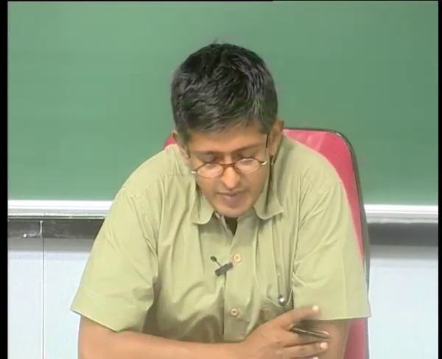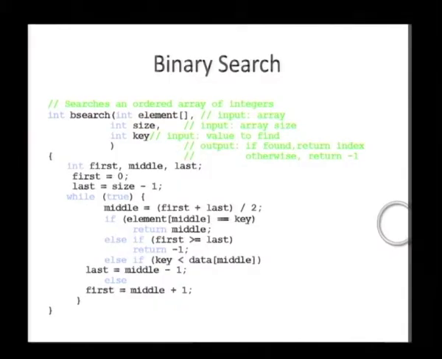Here is the pseudocode for this function, which is binary search. It is actually cut and paste from a C program. Now, the arguments are as usual: an array which contains a sorted set of elements, the size of the array, and the key is also given as part of the input.